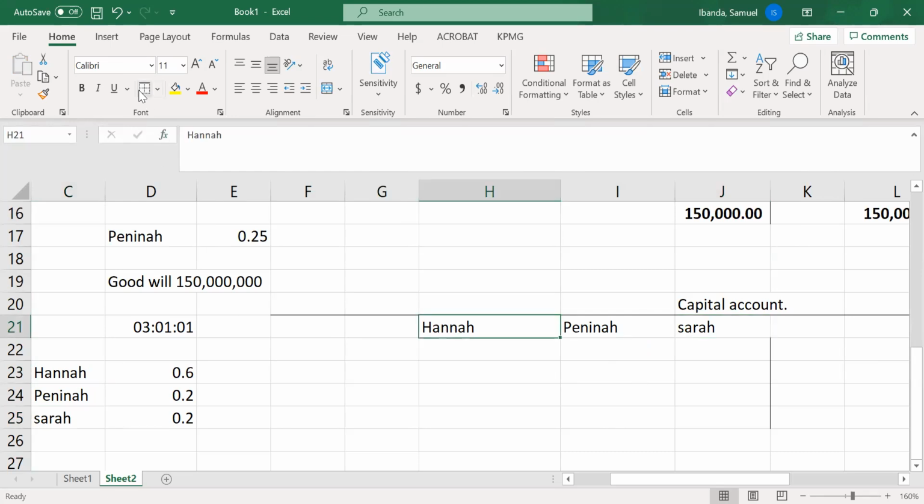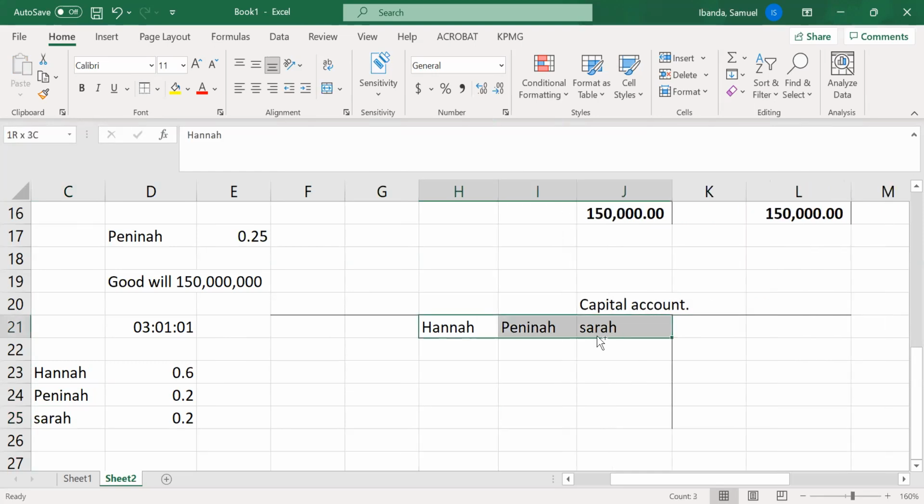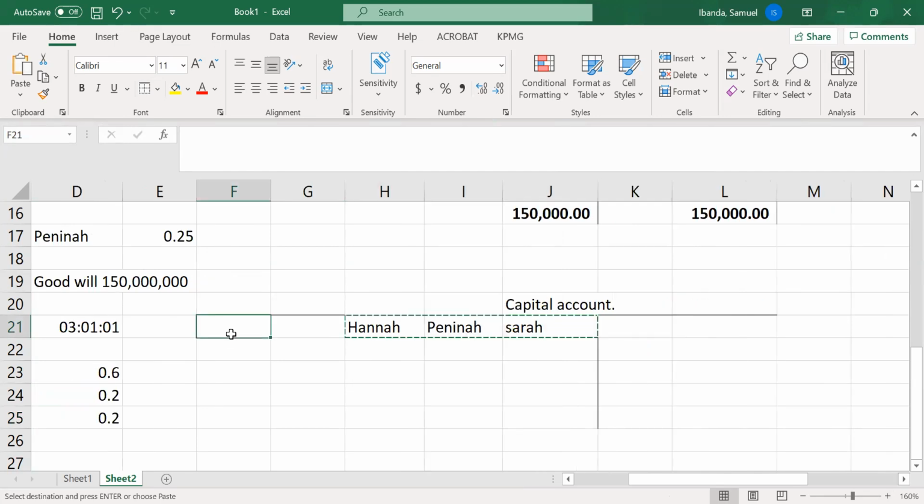We are going to have all those columns on the debit side and the credit side as well for our partners. Like any other account, the first part will have the details. I can put them here. The same thing will also be this.